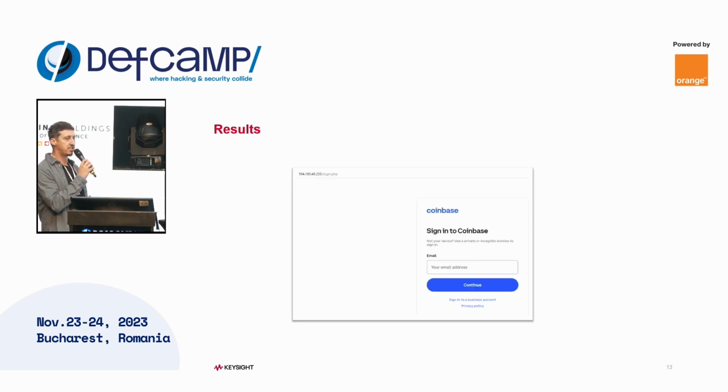So looking into some of the examples, just to give you how these results look and how they map out to the Shodan information that we can see. Looking at this website, this is one of the IPs that we collected by using all these filters. It's actually a page that prompts us to log into Coinbase.